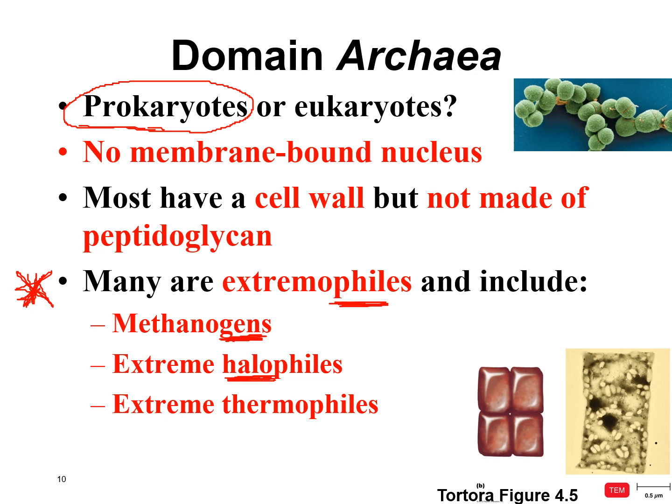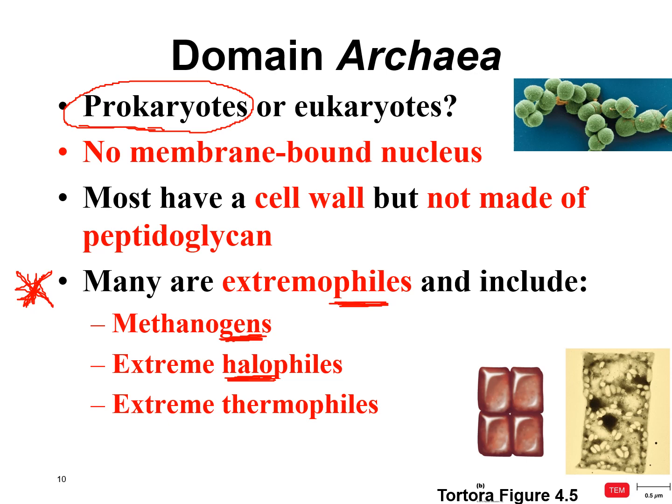If you've seen pictures of the Great Salt Lake, the northern part that's all pink, those are Archaea that are living in the really salty environment in the water up there. And they're pink because they have a photosynthetic pigment that's kind of a reddish color that colors the water pink.